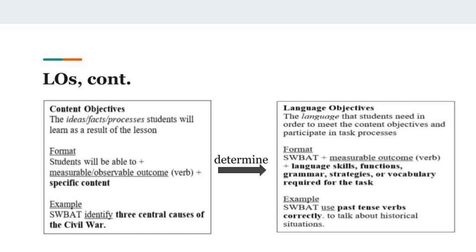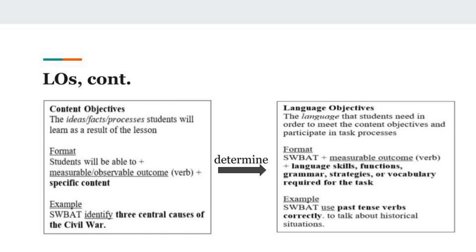For example, here, as you can see, the content objective is students will be able to identify 3 central causes of the Civil War. And here, as you can see, the language objective is students will be able to use past tense verbs correctly to talk about historical situations.